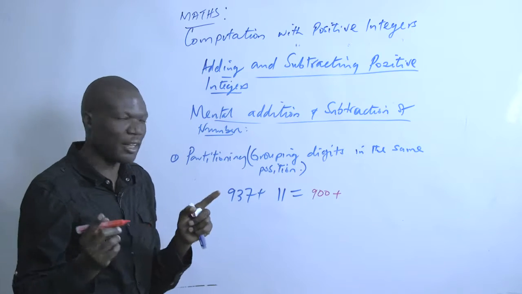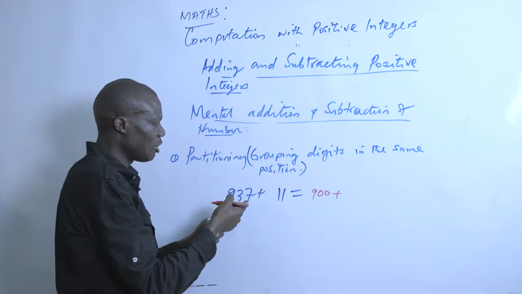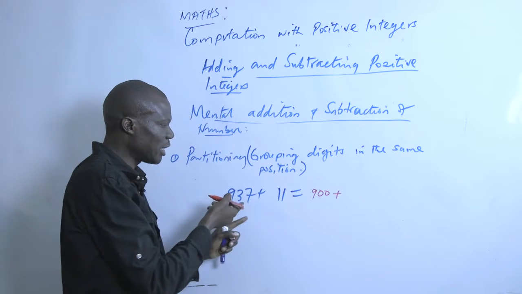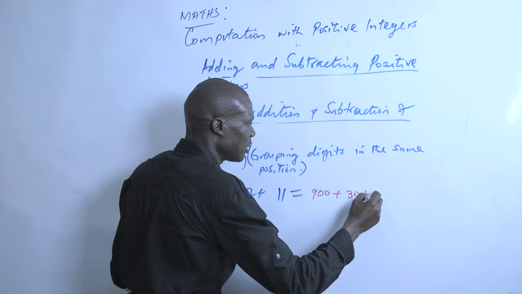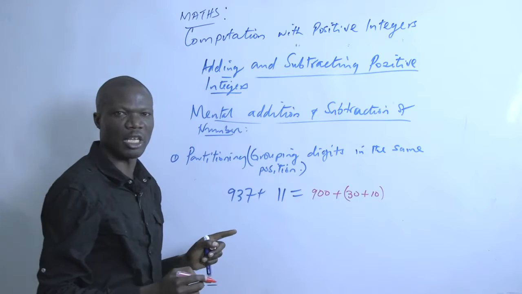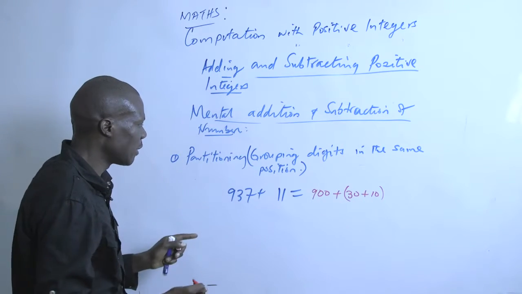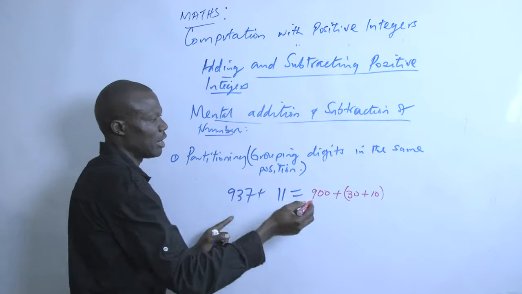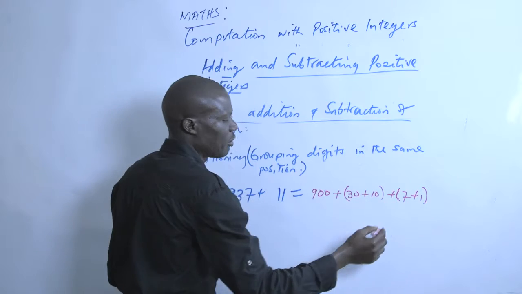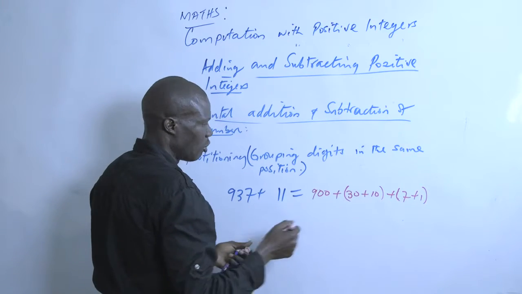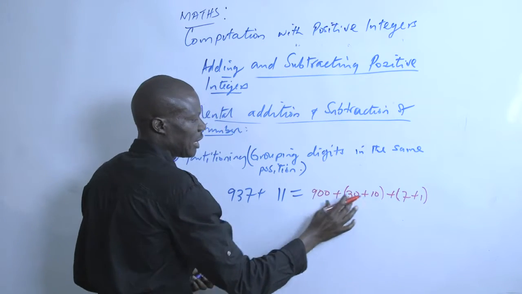How many groups are there of tens? You'll find that for tens, we have a 3 and we have a 1. So it will be 30 plus 10. We group it together. How many groups of ones? We have a 7 and a 1. So it will be plus 7 plus 1. So we have been able to group these digits into ones, tens, and hundreds.